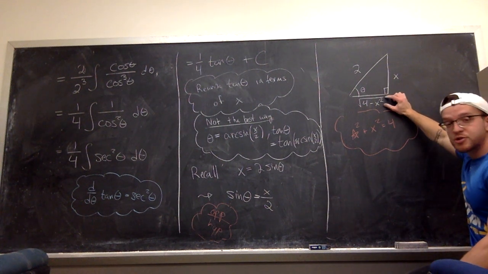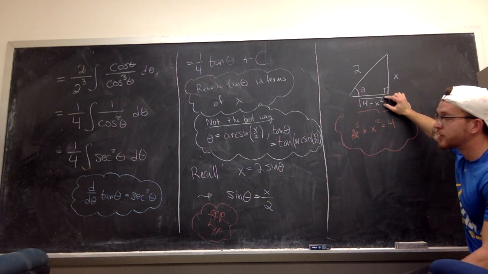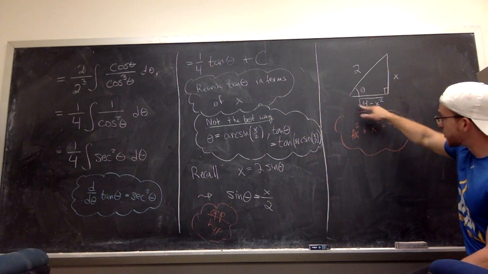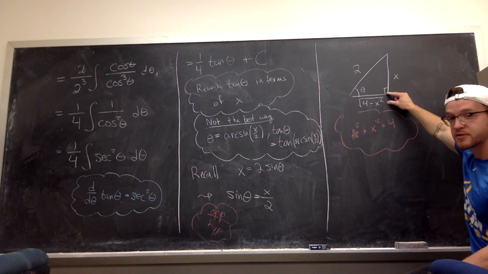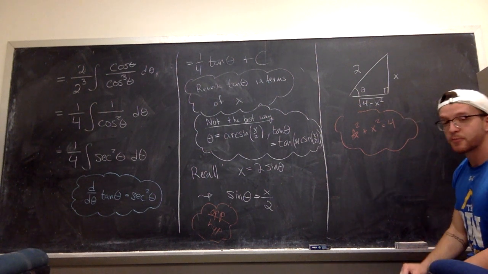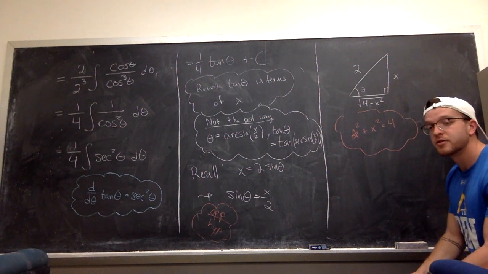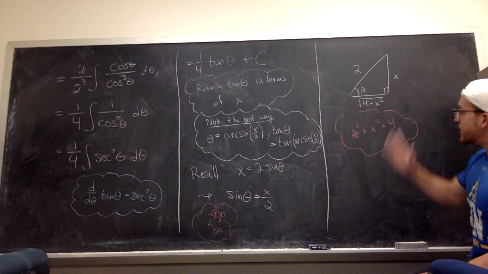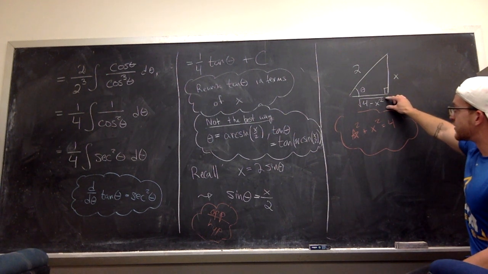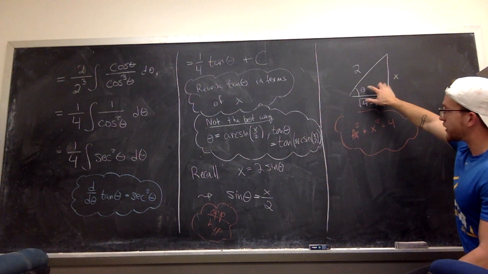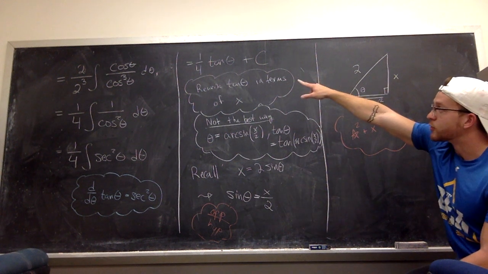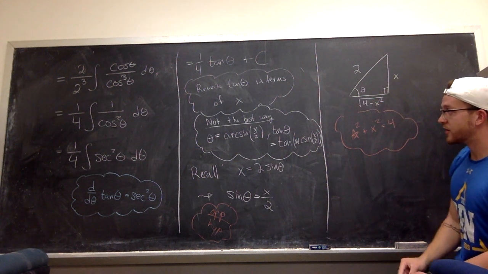By the way, this shouldn't be surprising, because the original integral that we started with had an expression exactly like this. Usually when you're doing a trig sub problem, that's an indication that you are doing the right thing. In any case, here's the data of a right triangle with angle theta, and we're trying to figure out what tangent of theta is.